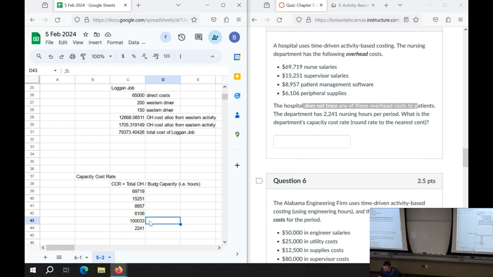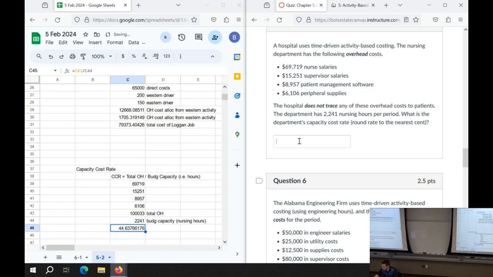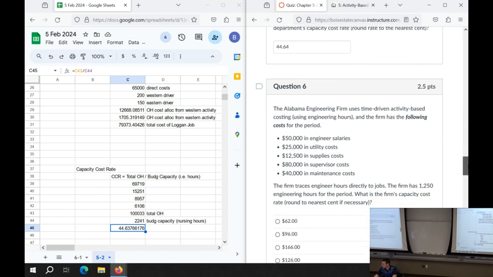I want to label it. Total overhead, and this is budgeted capacity. Nursing hours in this example. And just following this equation, total overhead divided by budgeted capacity, gives us the rate of 44.64 when we round. Okay. That look good?